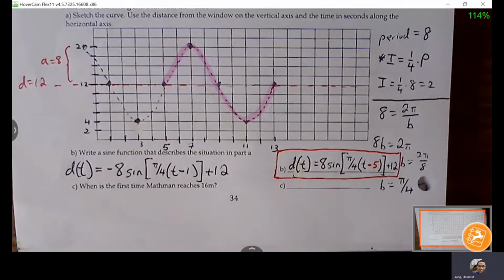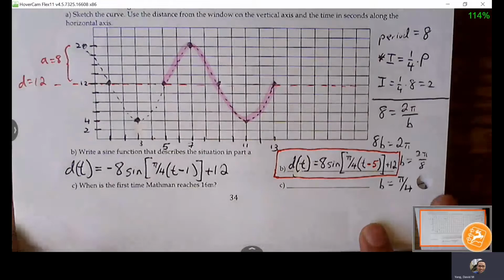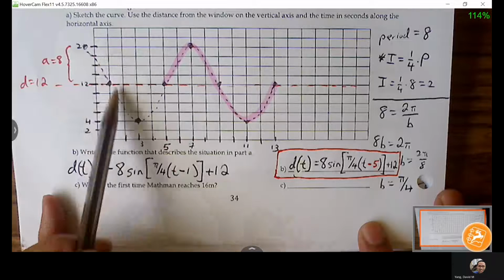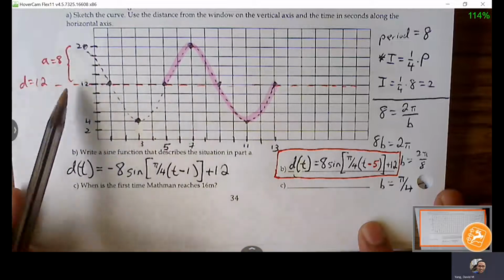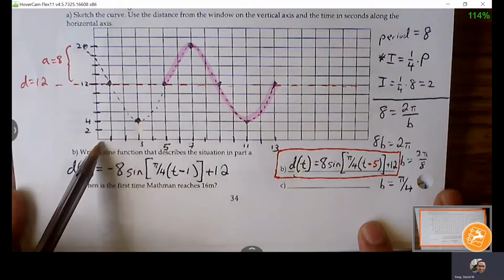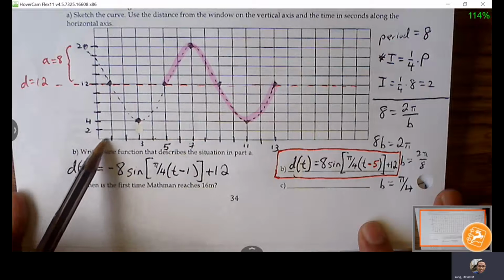Okay. When is the first time he reaches 16 meters? We can just look at the graph. I mean, it's not going to be exact. Looks like it's around a third or 0.3, somewhere between 0 and 1.